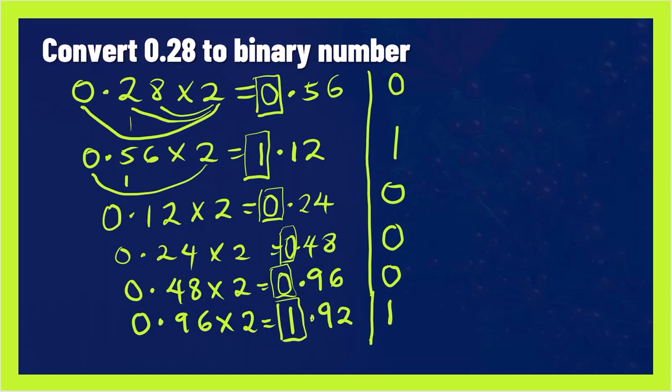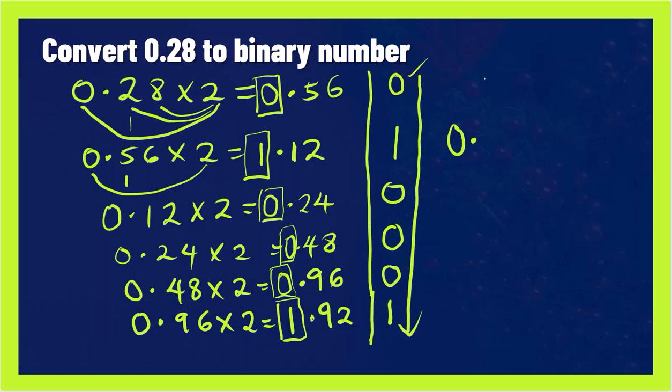This process can continue forever. It's a repetitive process. But in order for us to end it somewhere, we have to end it this way. If we are going to read out what we've gotten so far, we'll read it from the top downward. So if we want to write the answer, we write 0 point first, and then you start with the first digit from the top.